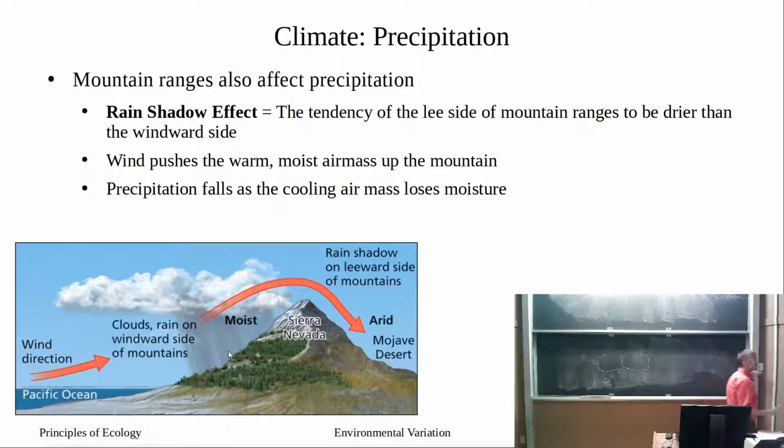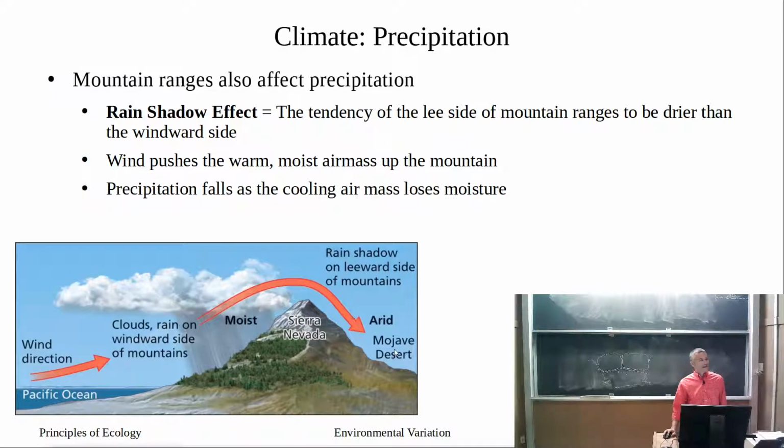And the only place that air can go is up and over. So as that moist air gets pushed up the mountain, it's going to cool and it's going to drop its rain. So now we have this cooler, drier air mass cresting up over our mountain.